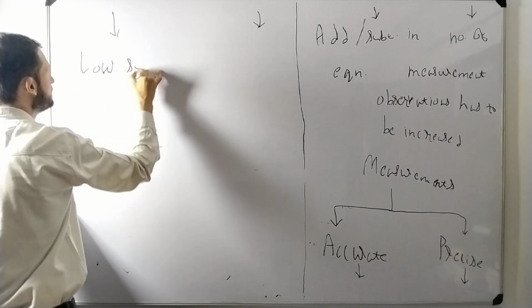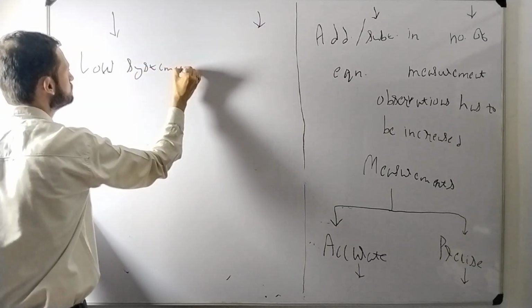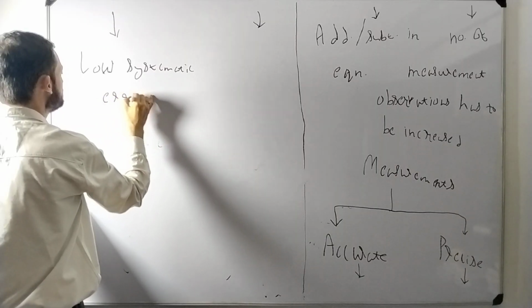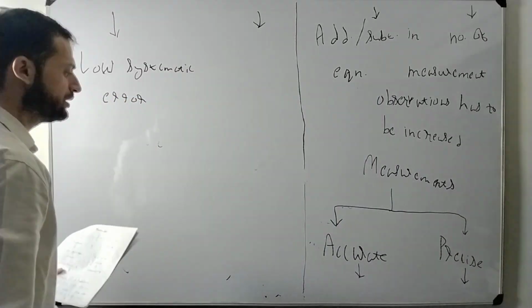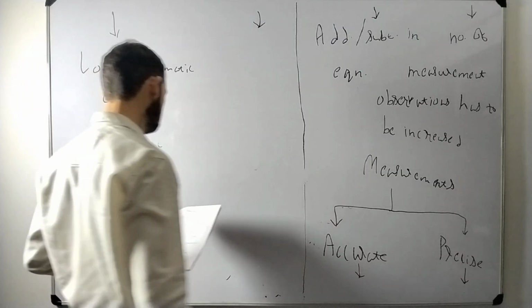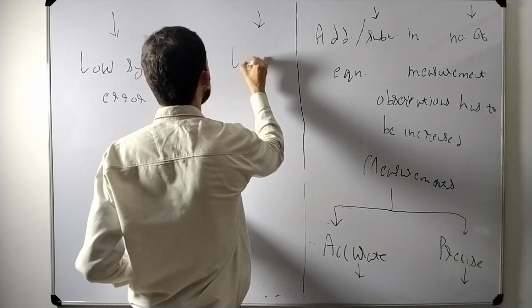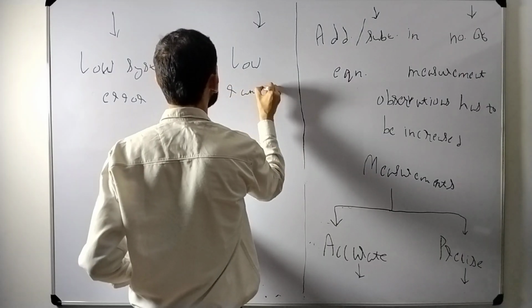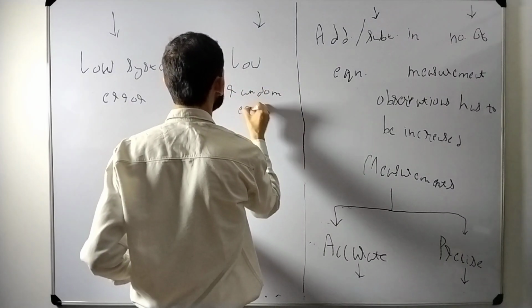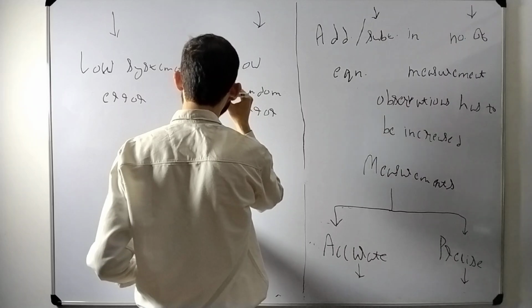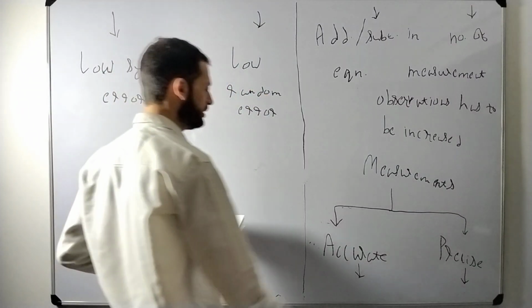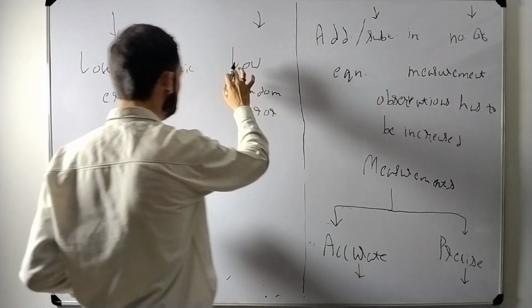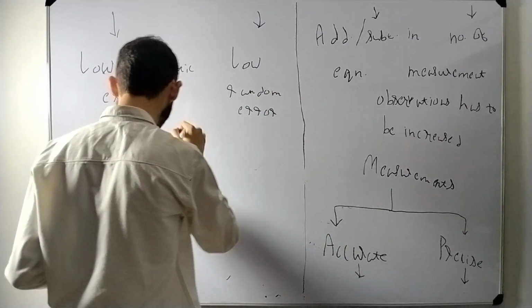To achieve accurate value, you should have low systematic error. To have precise value, you should have low random error.